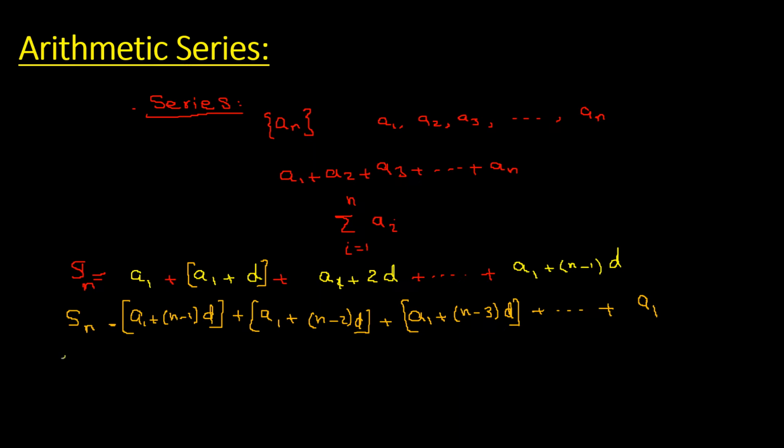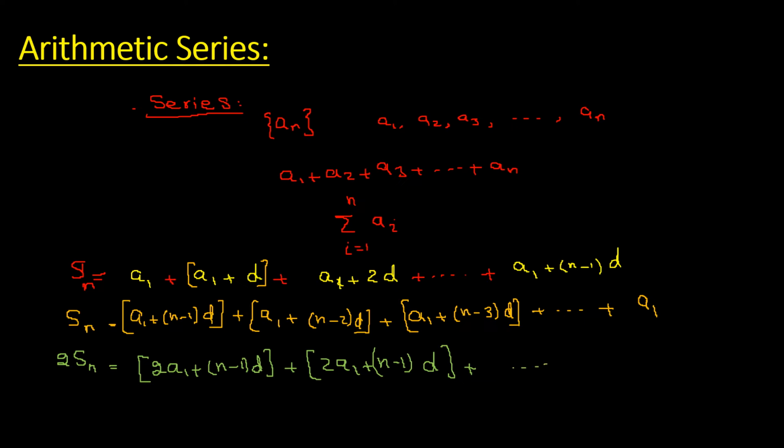So by adding these two expressions, we get 2Sn equals 2a1 plus n minus 1 into d, and the next one is also 2a1 plus n minus 1 into d, and so on.